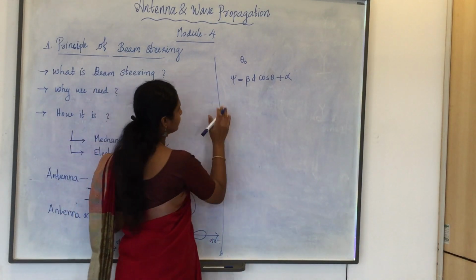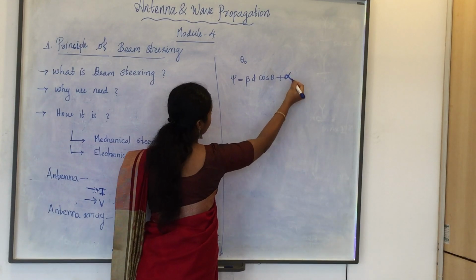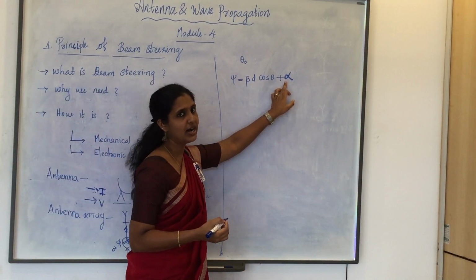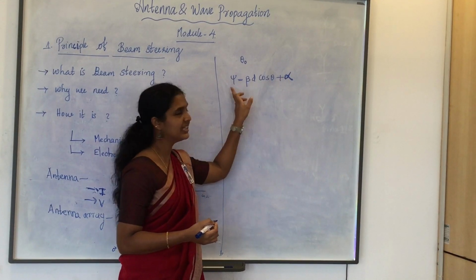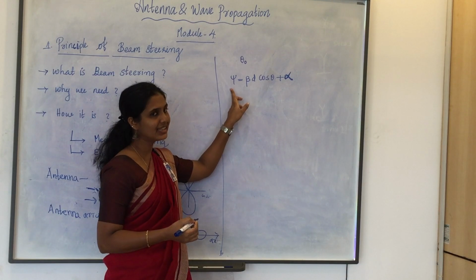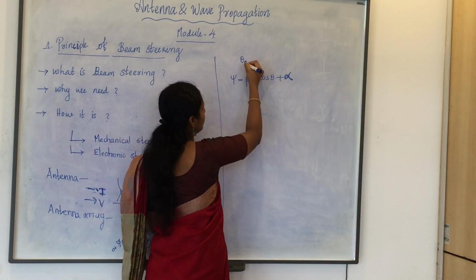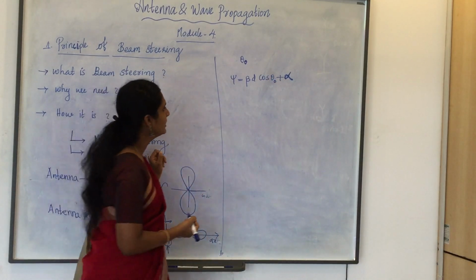Here, this is alpha, the phase shift. We are doing the phase shifting with alpha. Changing this alpha, we can change the direction or steer the antenna pattern. If we assume the direction theta 0, we put theta 0 here.